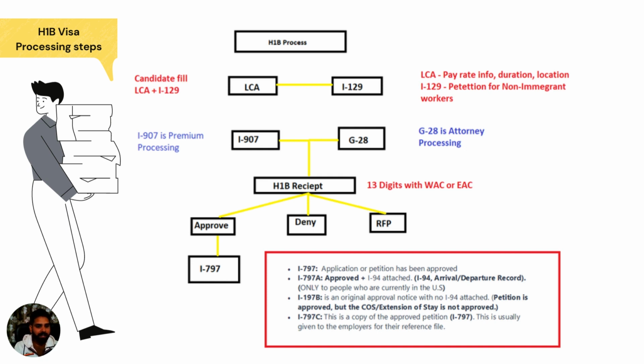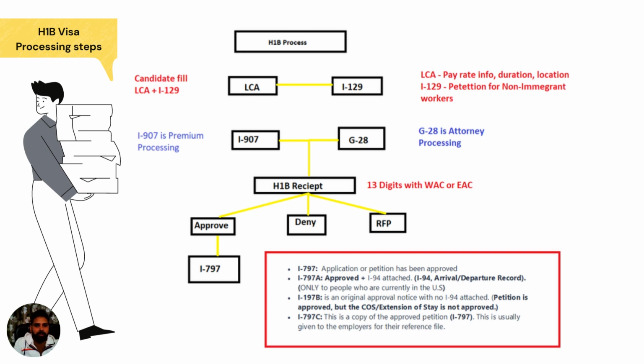That approval notice is I-797. That means your petition has been approved and you will get the H1B visa. If the petition is not approved, they can deny it, or they can issue an RFE, a request for evidence, meaning you can submit the correct documents again, since those were not good or correct initially. Okay, so these are the forms used in the H1B visa processing steps.